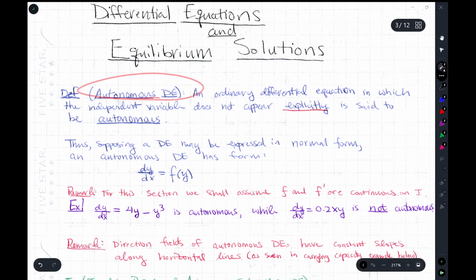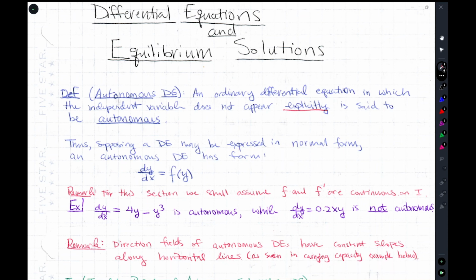So what is an autonomous differential equation? An ordinary differential equation in which the independent variable does not appear explicitly is said to be autonomous. Okay? So supposing we could express this differential equation in normal form, an autonomous differential equation has the form dy/dx equals f(y).